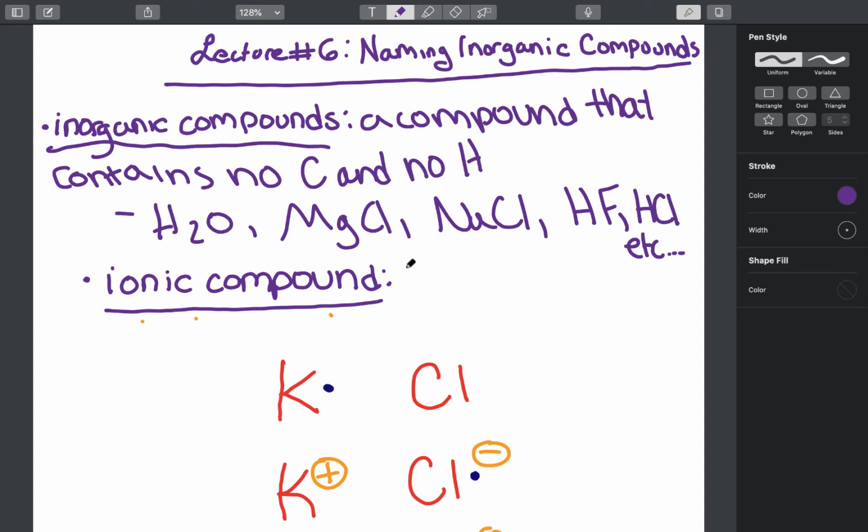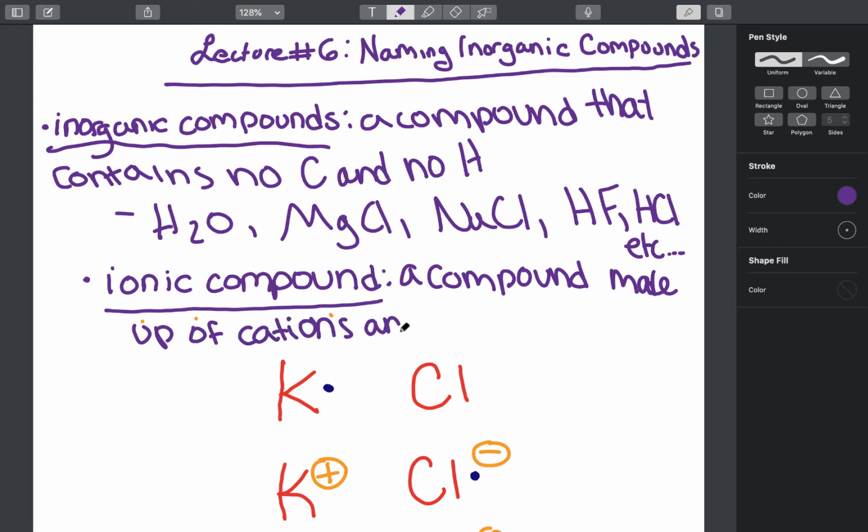It is a compound made up of cations and anions. One of the most common types of ionic compounds is when you have a metal and a nonmetal together.